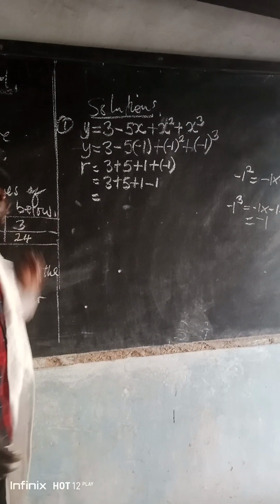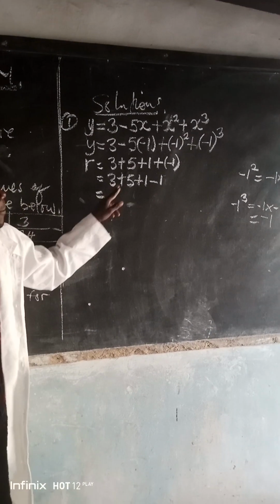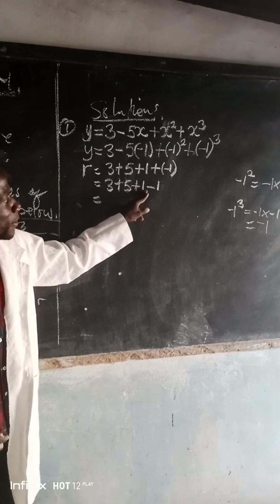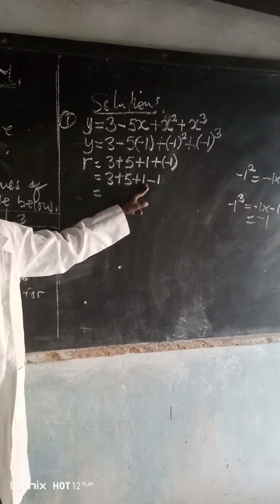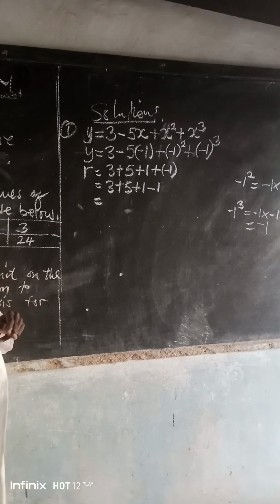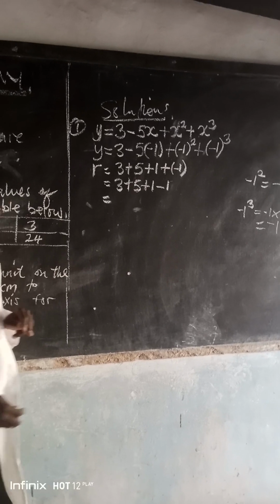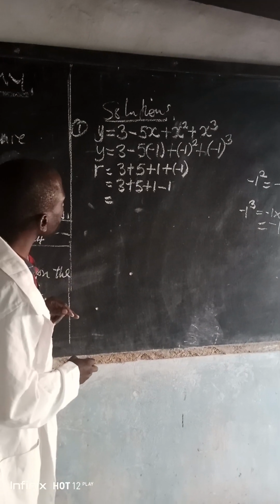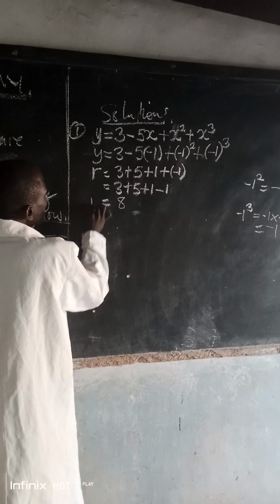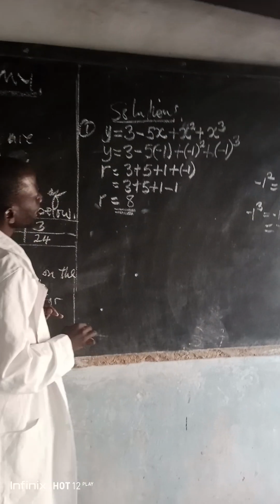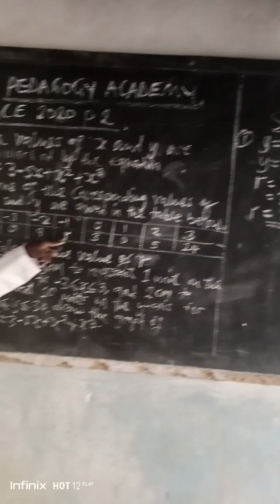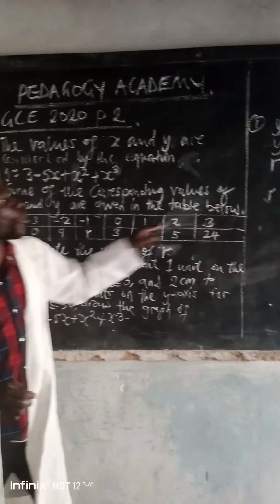We just do it directly: 3 plus 5 is 8, 8 plus 1 is 9, and 9 minus 1 gives 8. So our value is 8. Where there is R, it means 8.